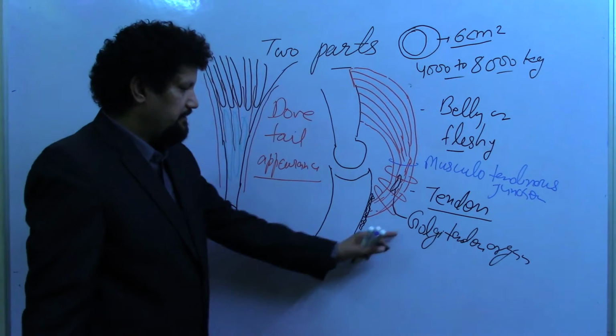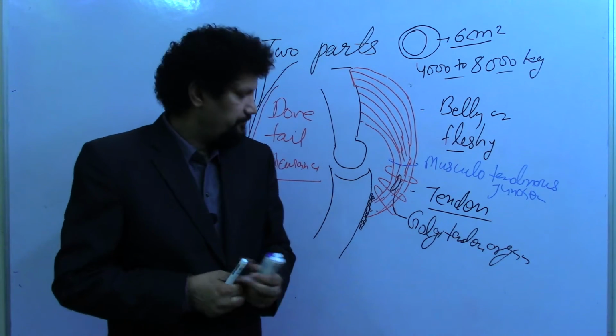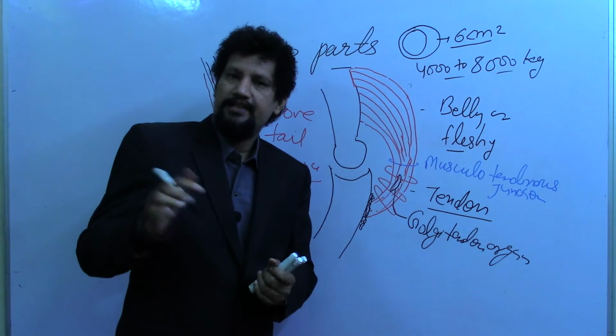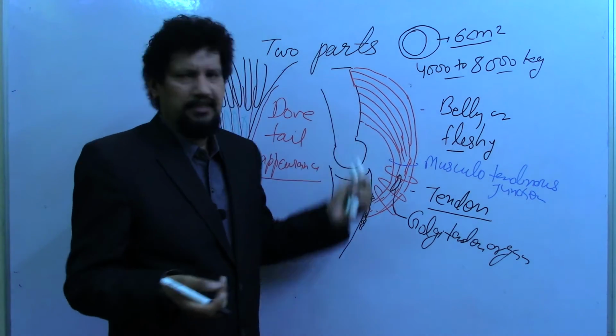It is also known as the end sensory organ of the tendon. It is having the collagen fiber as intrafusal fibers, like we can see in the skeletal muscle.